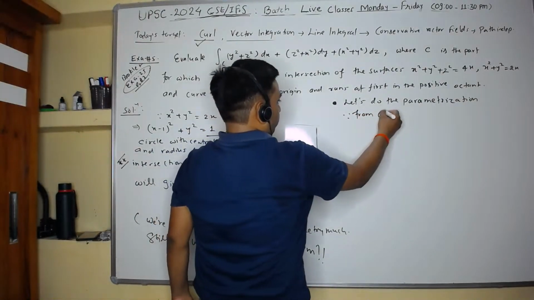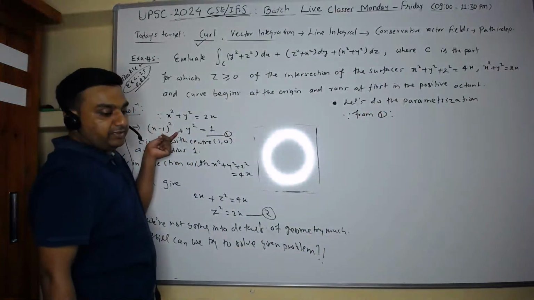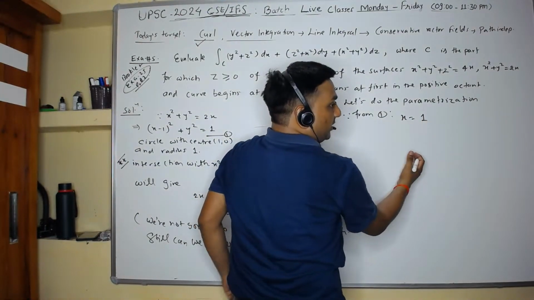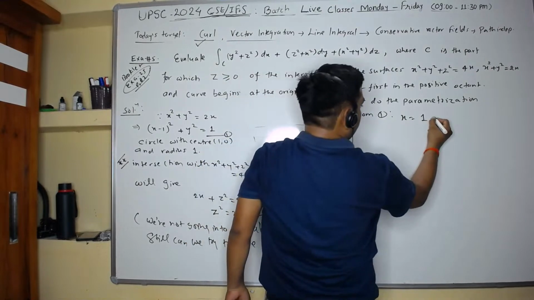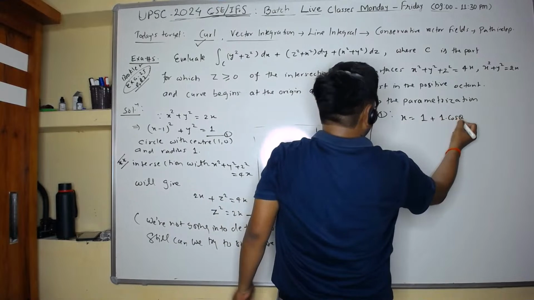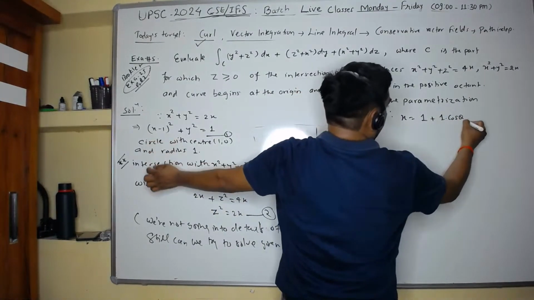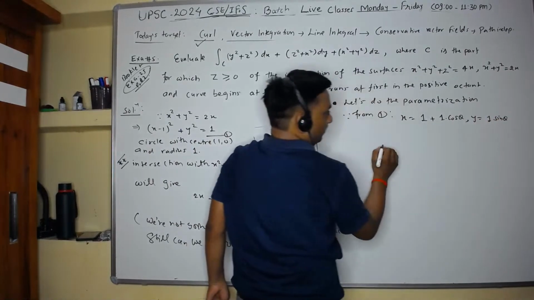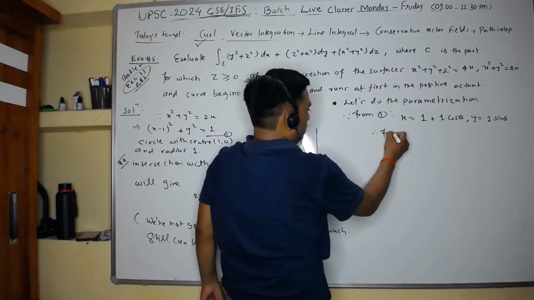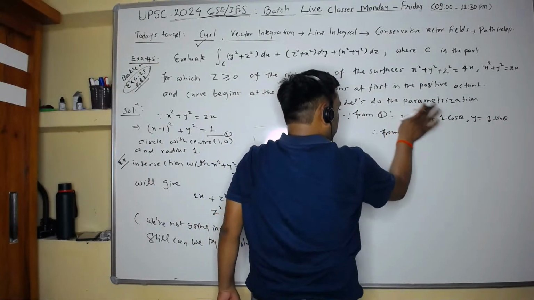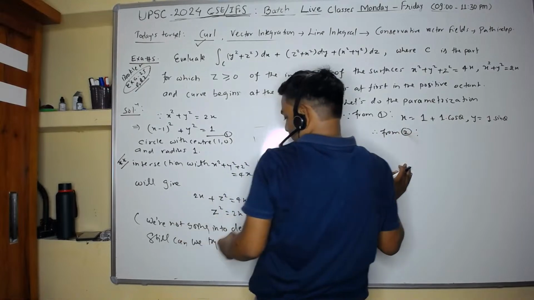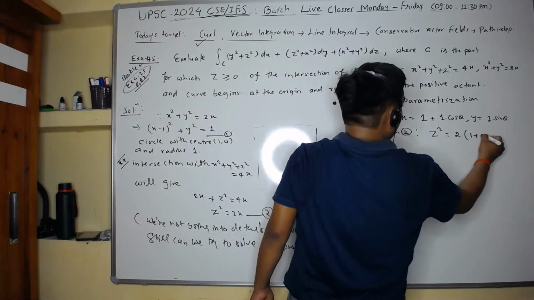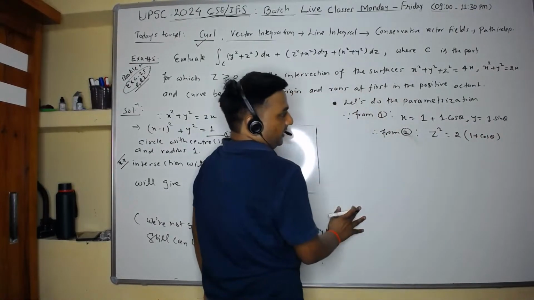From 1, देखिएगा, this is a circle with the center (1, 0). So if I do the parameterization, x equals r cos theta and y equals r sin theta, so this will become x equals 1 plus 1 into cos theta because the center is shifted by 1. y will become 1 into sin theta. ठीक है. So from 2, क्या मिल जाएगा मुझे, z square equals 2 into (1 plus cos theta), right?